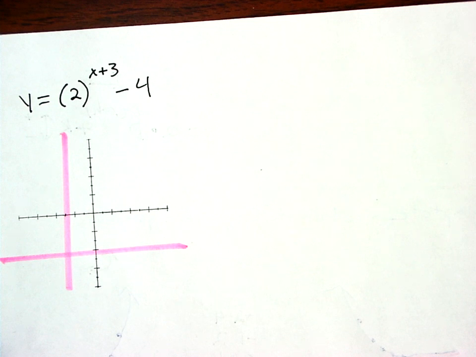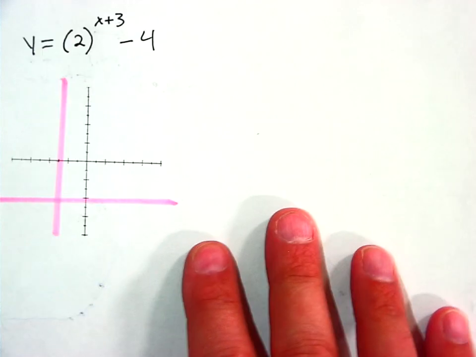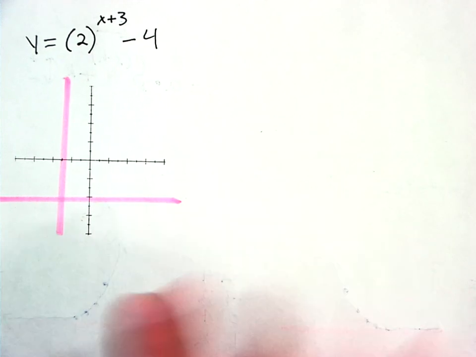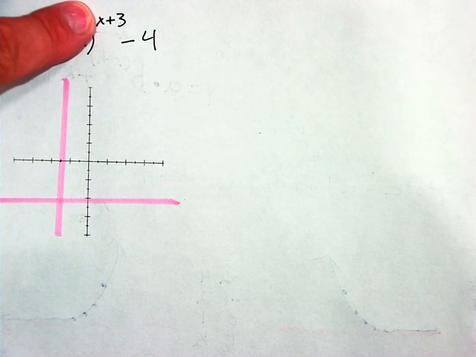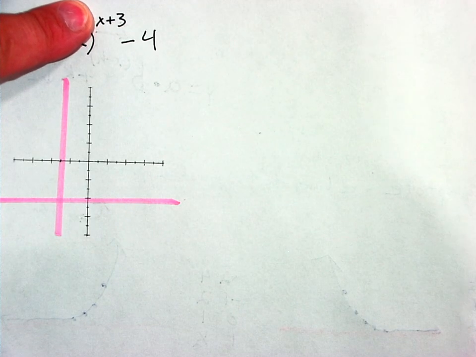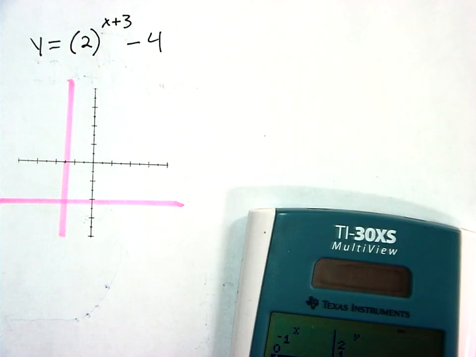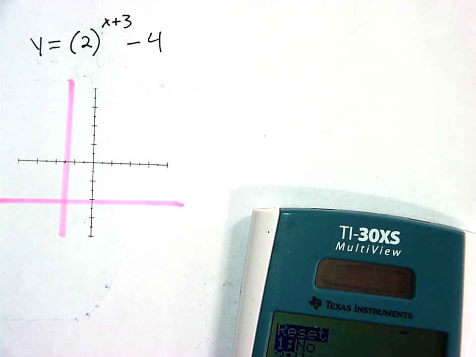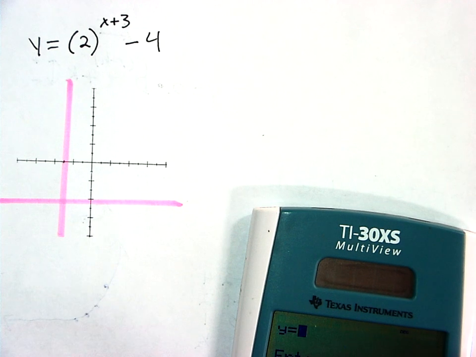All right, grab your calculator, please. Yep, because this is left to right, so I went negative 3. And this is 4 down, so I went down 4. All right, I'm going to do second reset on my calculator just to get that other stuff out of there. And then I'm going to hit table.